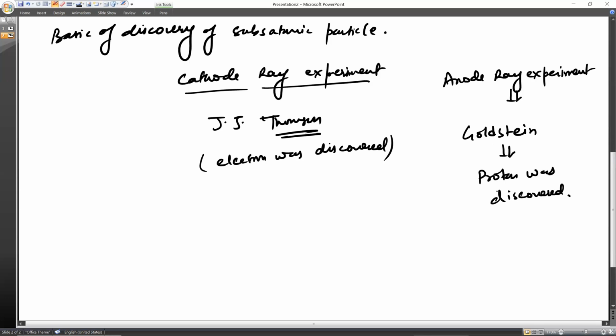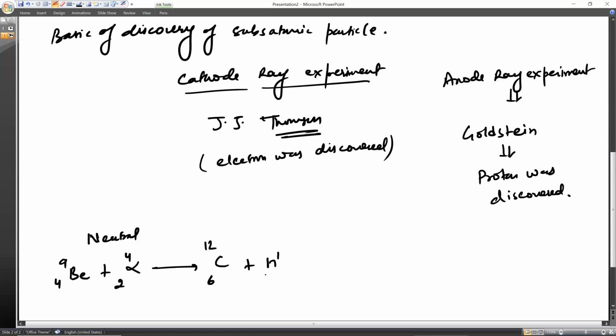Next, there was an experiment done for the neutral mass. Beryllium, which has mass 9, when alpha particles are added to it, gives carbon 12 plus 1 neutron.